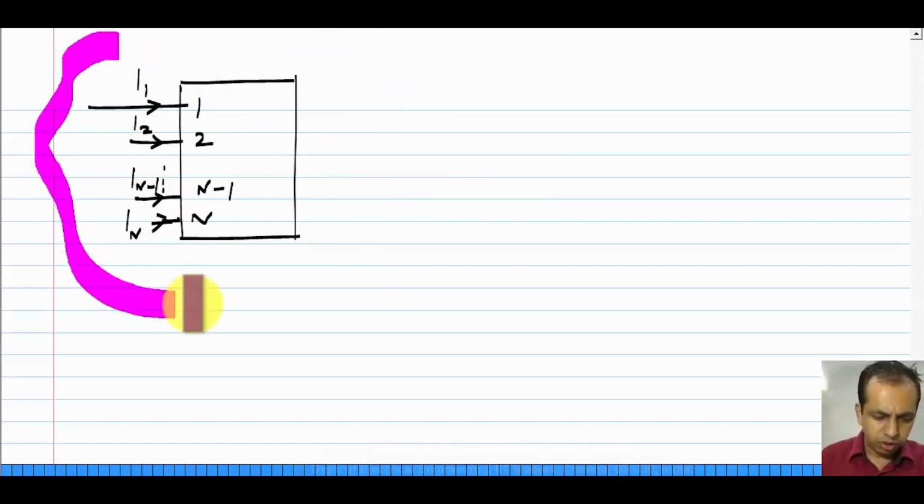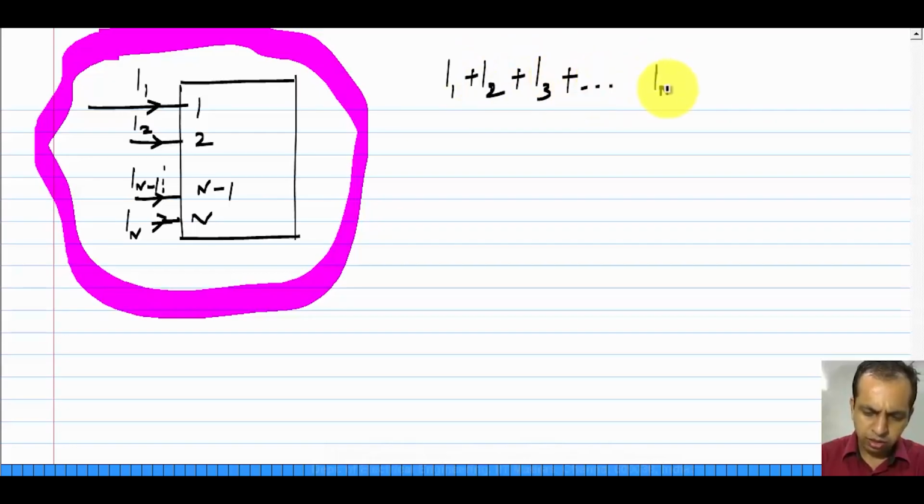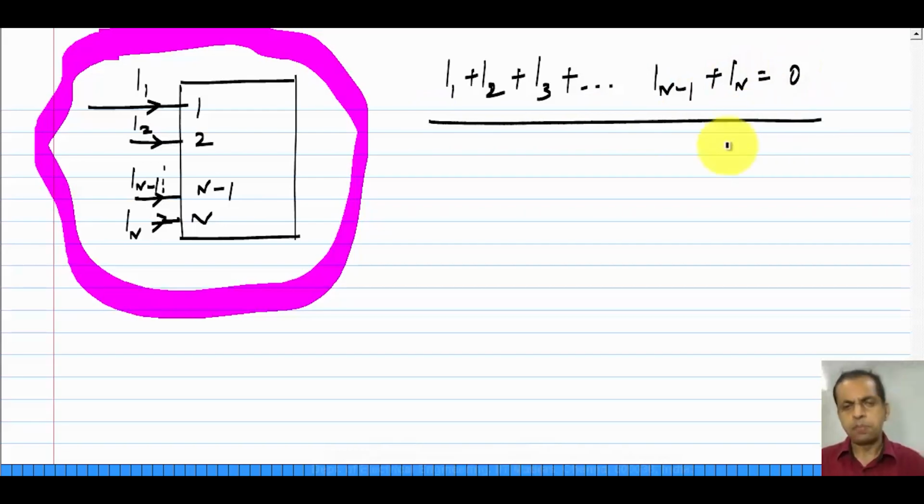So, now you know that the sum of these n currents has to be 0. This is because the sum of currents going into any closed surface should be 0. We have seen this earlier, this is nothing but Kirchhoff's current law.